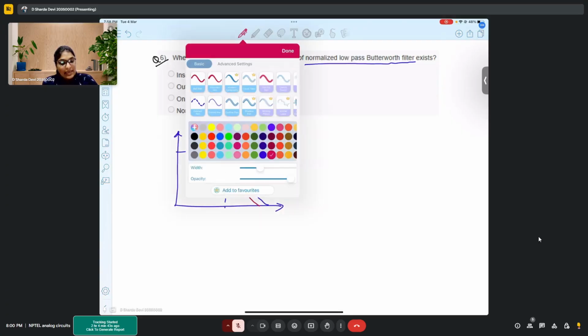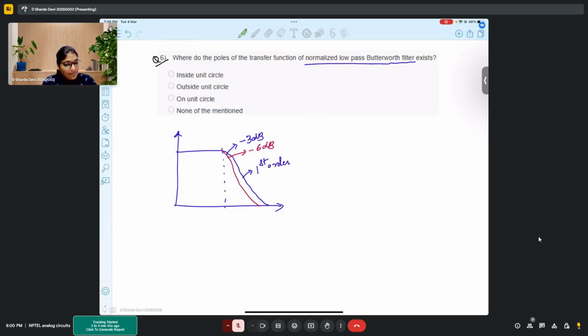When you have a third order filter, the slope will be steeper still, but the dip that you will observe is minus 9 dBs.